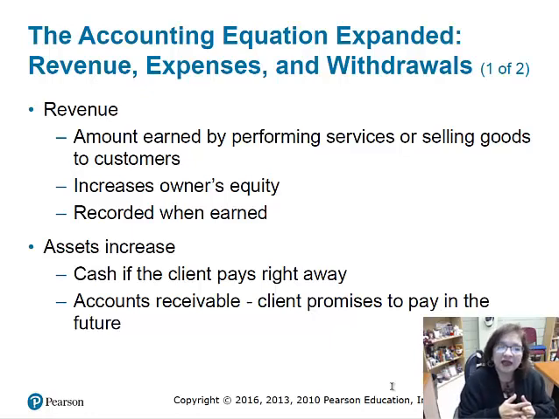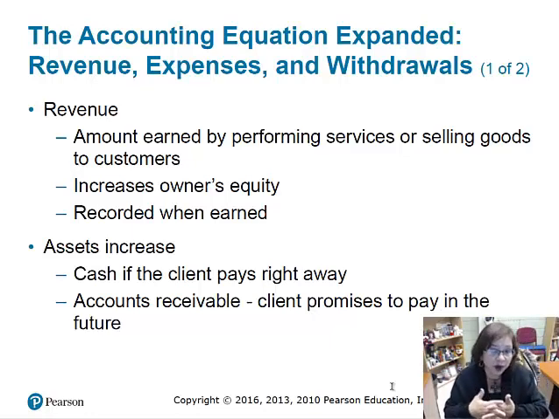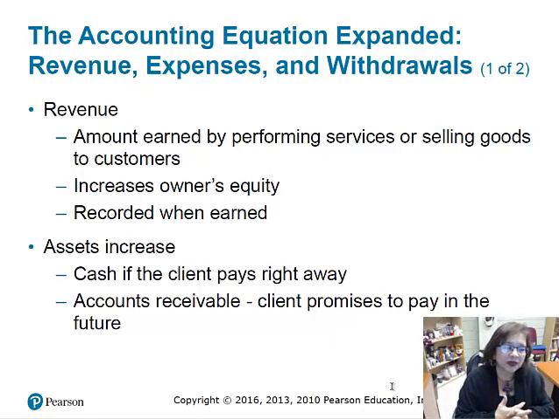And then the decrease of any money that's taken out as far as withdrawals, such as when the owner decides to take money out because he has a right to, because remember, he or she invested money in. That is a decrease of owner's equity because he's taking money out of the company, okay?